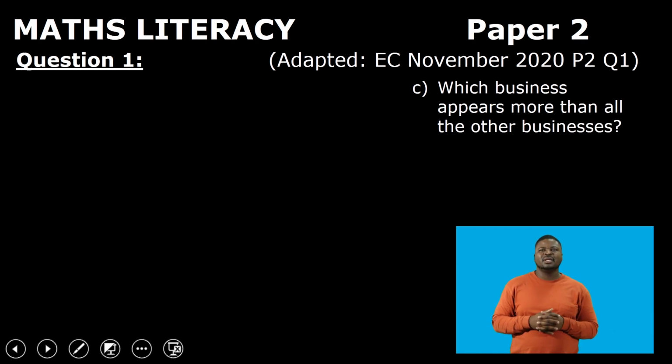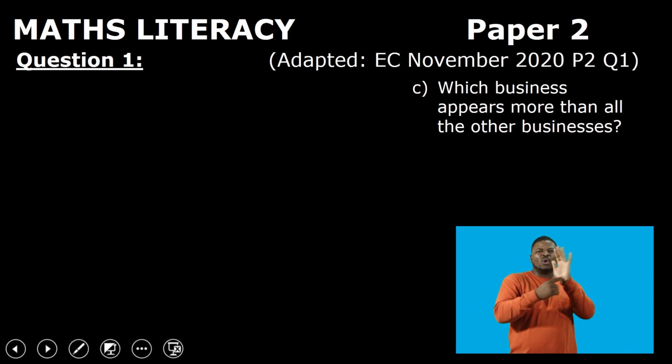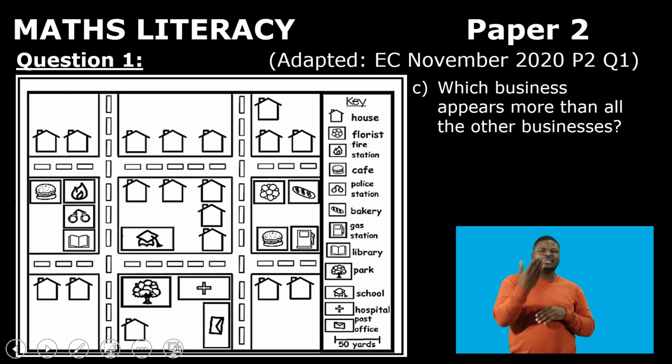Which business appears more than all the other businesses? So let's look at the different businesses. There is a florist, a cafe, a bakery, a gas station, a school, and a post office.